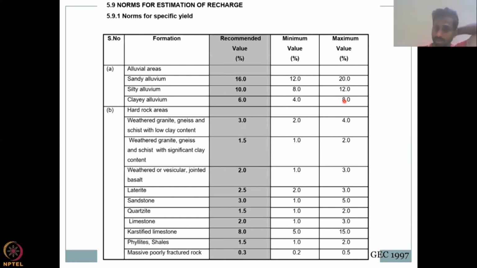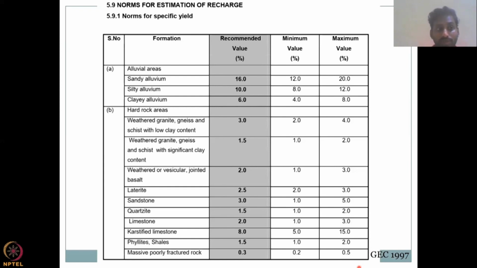So let's look at the most important factors here. You have the formations: alluvial, sandy, silt, clay, having 16%, 10%, 6%, pretty high. So in the alluvial, we can say it is pretty high. Then the next is your hard rock aquifers. The Indian government GEC committee has divided it into two types, A and B. A is where the alluvial and high yielding aquifers are, whereas B is more the hard rock, the central India part, where groundwater is really scarce.